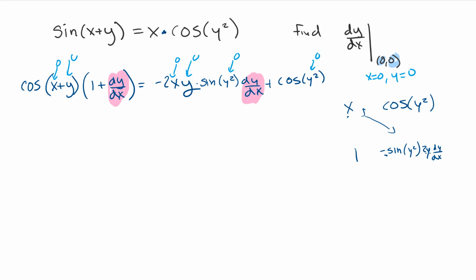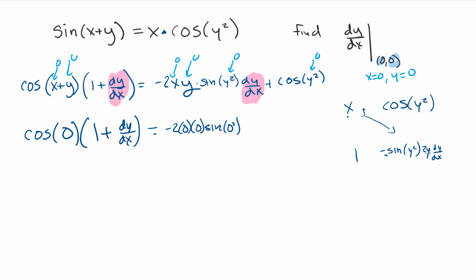Given a point, this is beautiful news. You're like, I don't have to do any more algebra. So here it comes: cosine of 0 plus 0, which is 0, times 1 plus, or cosine of 0 is 1, but 0 plus 0 is 0, sorry. And then 1 plus dy dx, and now we have negative 2 times 0 times sine of 0 squared, which is 0, times dy dx. So that's 0 times 0 times 0 times dy dx.